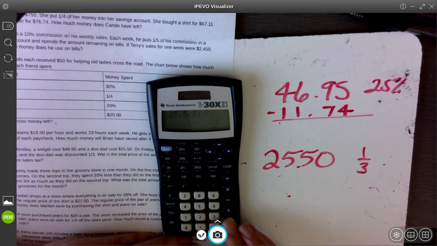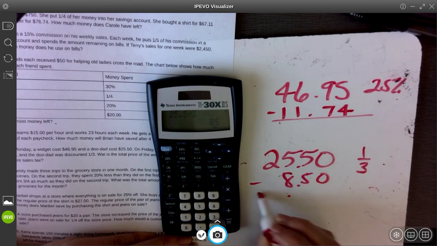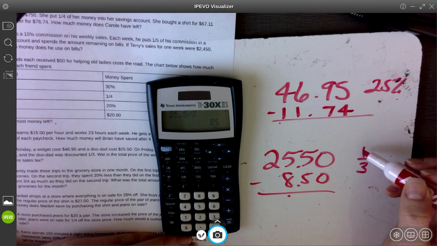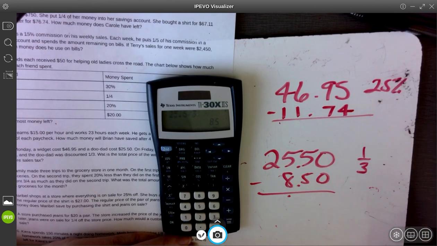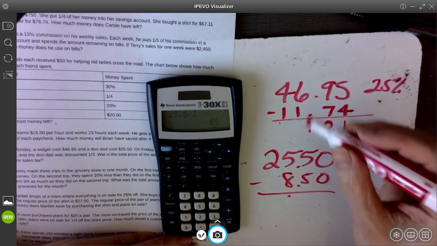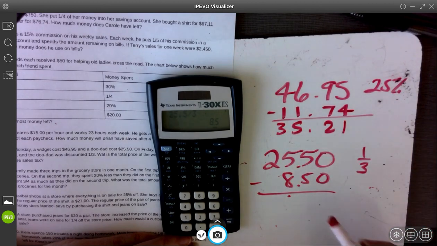Divide by 3, which is subtract 8.50. And again, remember, I'm dividing by 3 and technically multiplying by 1, but I don't need to do that because I know what anything multiplied by 1 is. So the widget is 35.21.